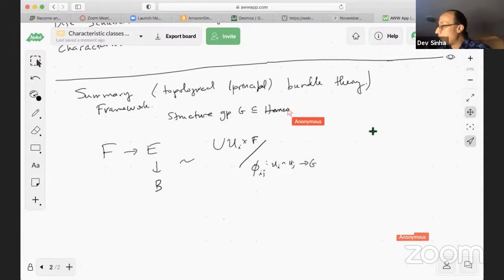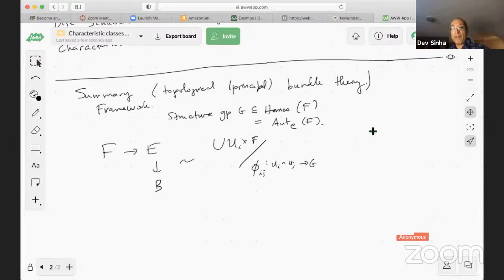Maybe it is all homeomorphisms, but usually it can equal the automorphisms in some much more interesting, enriched kind of category than just spaces.